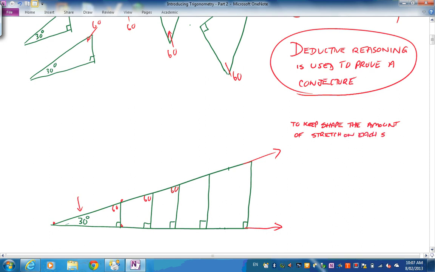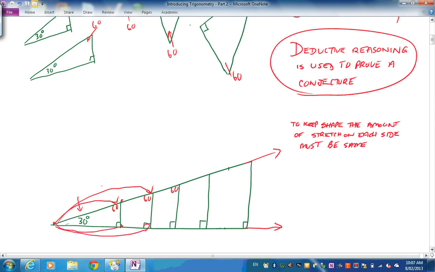Keep the shape. Okay, so what does that mean? Well, it means that every side here increases in the same ratio. So if that goes to there, then when you stretch it, that must go in the same ratio to there as what you're stretching this one.